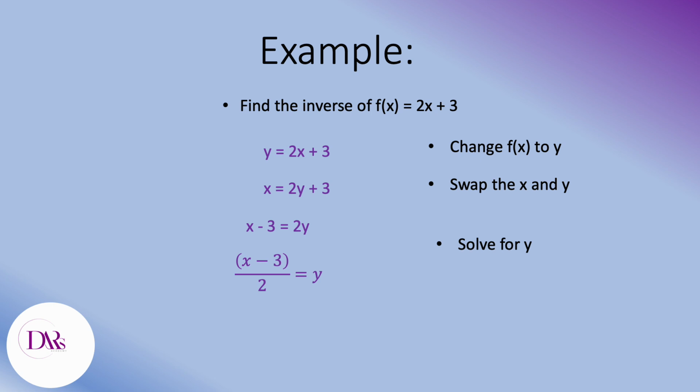Now that we have solved for y, we will replace y with f to the negative 1 of x. And our inverse is f to the negative 1 of x equals x minus 3 divided by 2. I hope that helps.